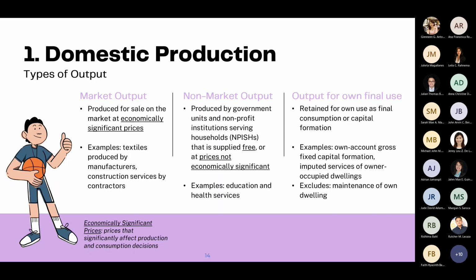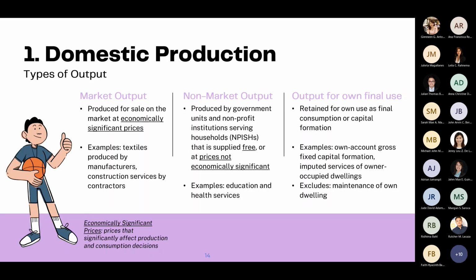So the valuation here is actually we use average basic prices of the same goods and services sold on the market. So we're using average basic prices since this kind of output could have been sold to the market, but instead was used by the producer for its own consumption. This is why we impute. So if not, we use total production costs.